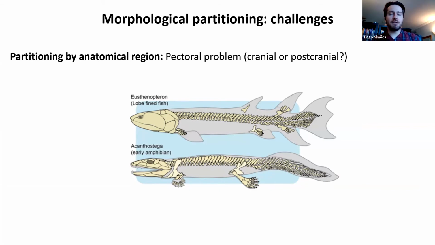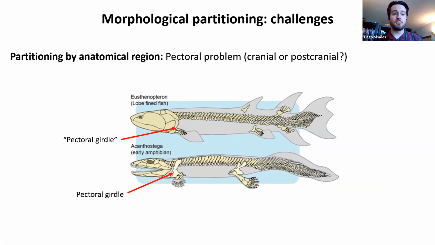That's because the elements of the pectoral girdle of most tetrapods, the shoulder bones and the bones in the limbs, are part of the pectoral girdle in tetrapods, but they're still associated with the skull bones in fish. So when we have a data set including both fish and tetrapods, to which partition should we assign those bones?